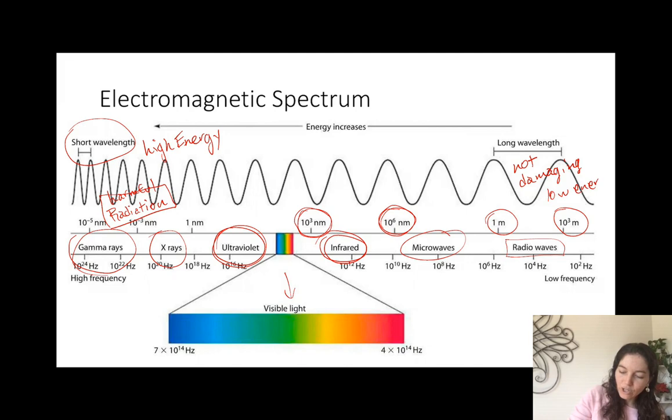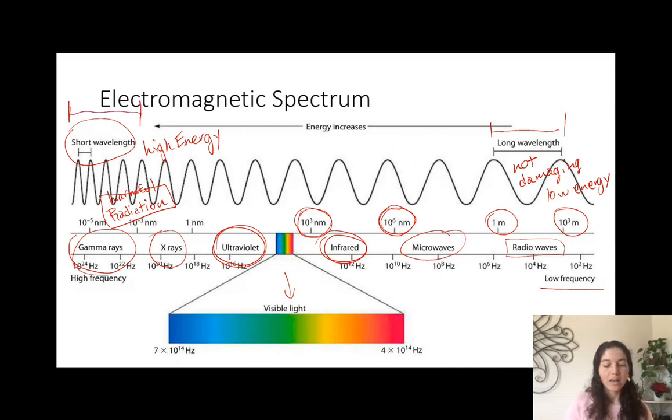We also have our relationship down here between frequency, wavelength, and energy. Remember, frequency is how often something happens over a specific distance or specific time. If we look here, this is going to have a lower frequency than these up here. They're going to have a much higher frequency in that same distance.